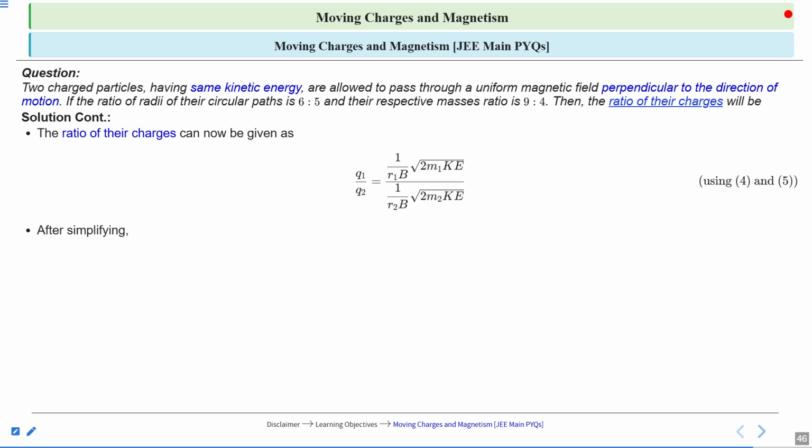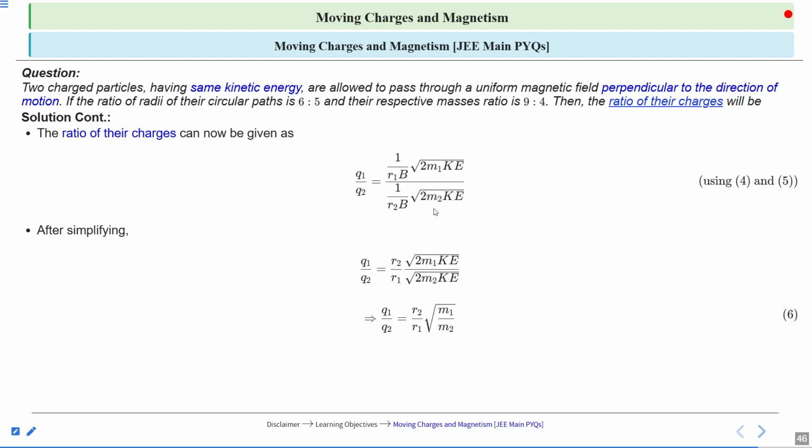After simplifying, you get Q1/Q2 = R2/R1 times root of 2M1 kinetic energy upon root of 2M2 kinetic energy. Further simplifying, it becomes Q1/Q2 = R2/R1 times root of M1/M2.